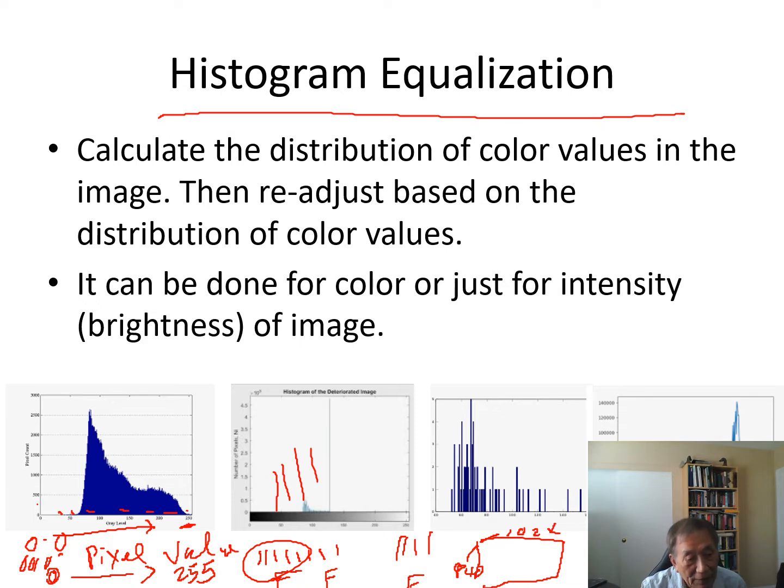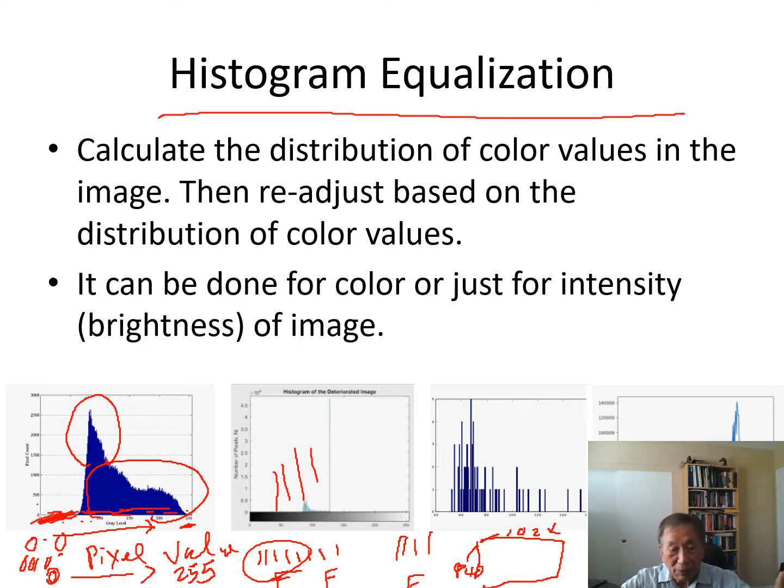Then depending on the values here, in some places you don't have much light, the dark ones. The smaller values are the dark. Then there are the lighter ones, and there are certain locations that are peaked. Histogram equalization means that we have a certain range of color that we can express, but it's concentrated in one area.